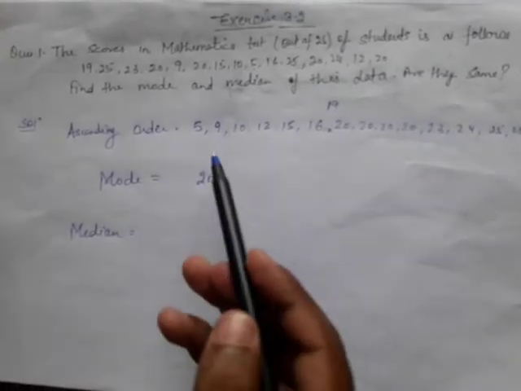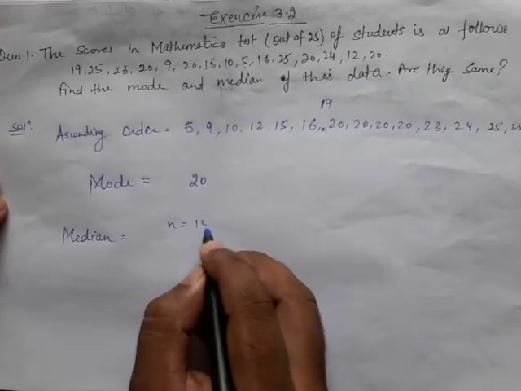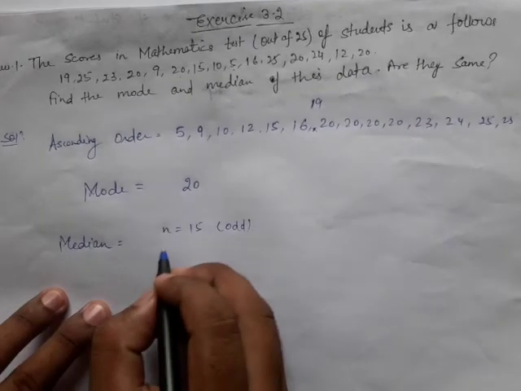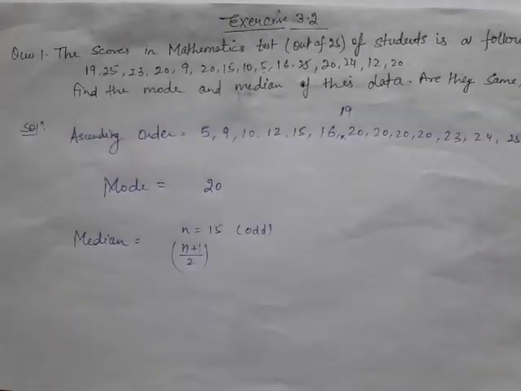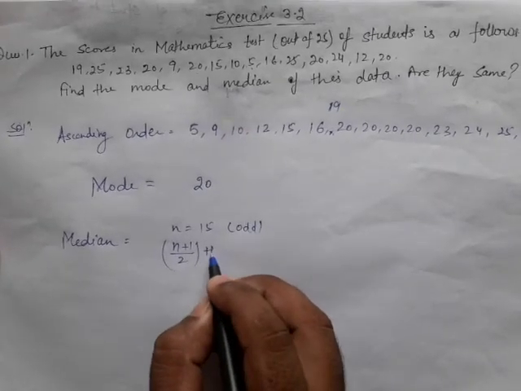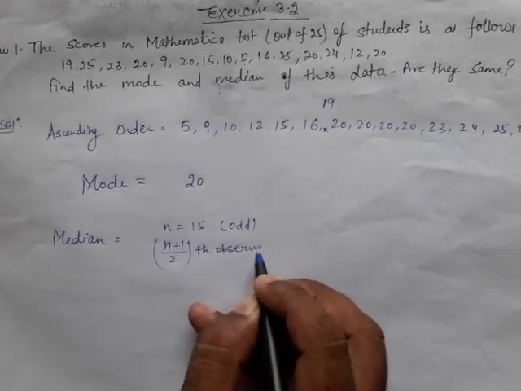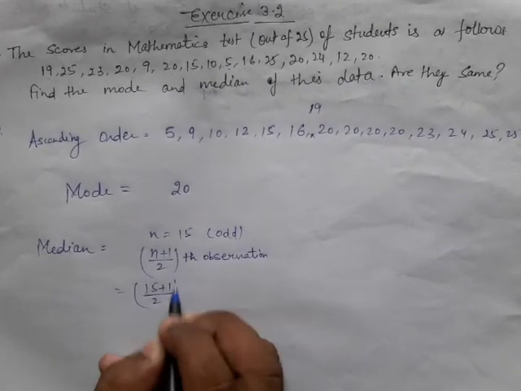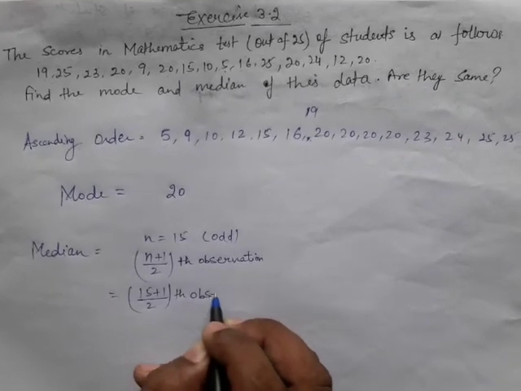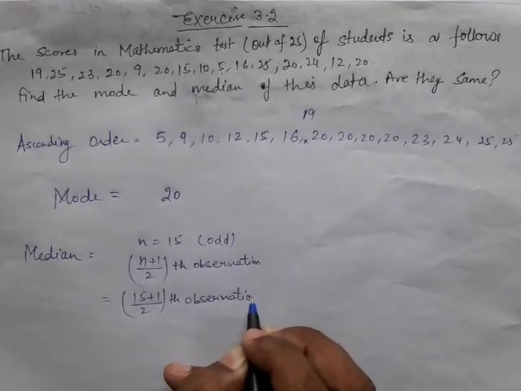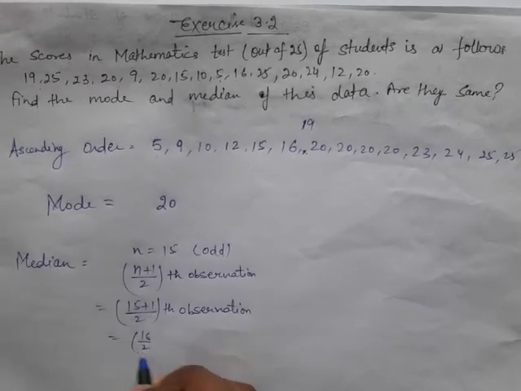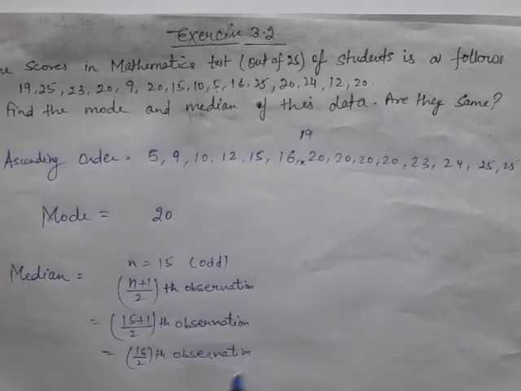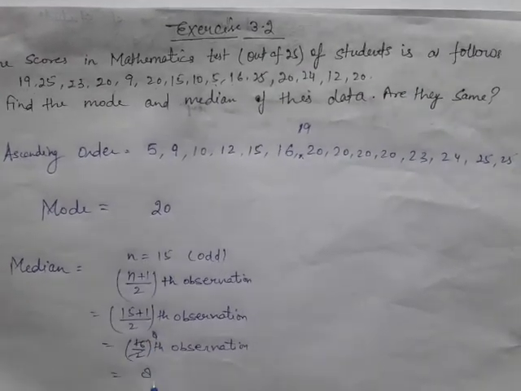Median: total n is equal to 15. It is odd. For odd, the formula is (n plus 1) by 2 observation. So 15 plus 1 by 2 observation, 16 by 2, 2 8s are 16, equal to 8th observation.